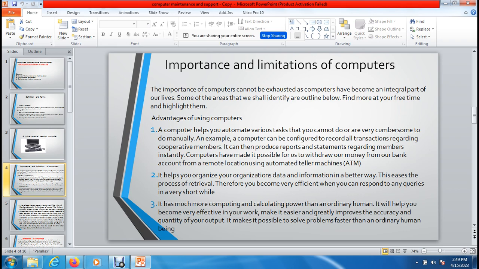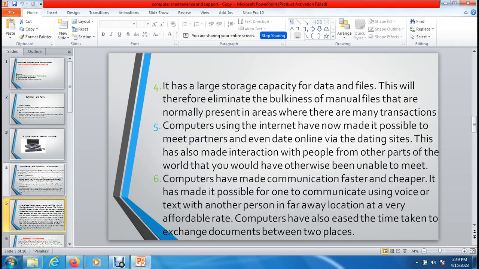Even a calculator can give you accurate results. Number 4, a computer has a large storage capacity for data and entry files. So a computer can hold a large amount of data.